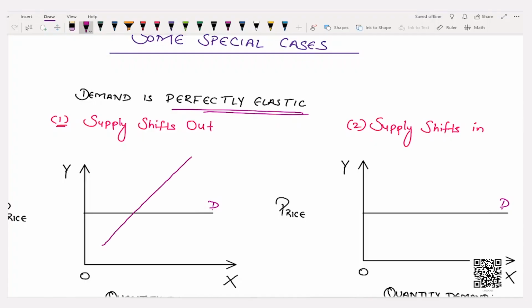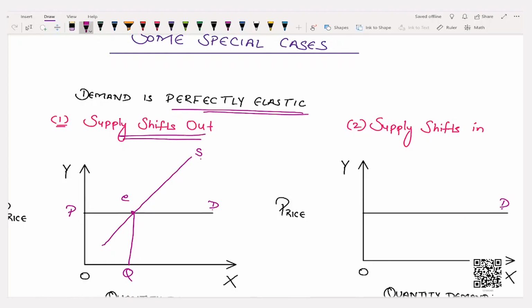Because there is the upward sloping supply curve, the equilibrium will be attained where the demand and supply curves intersect each other. So our equilibrium price is OP and equilibrium quantity is OQ.